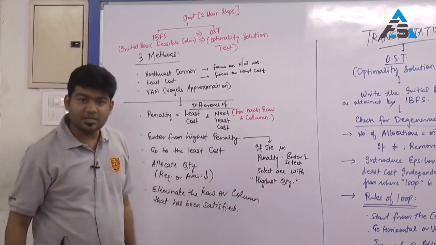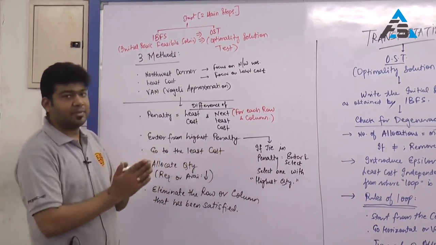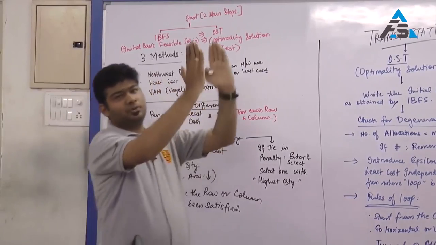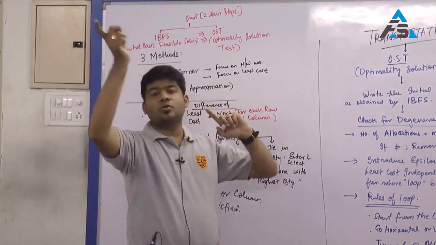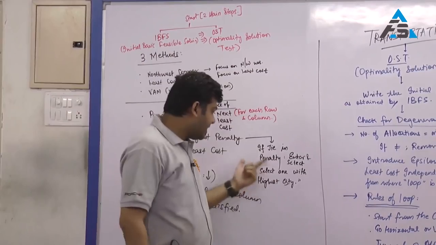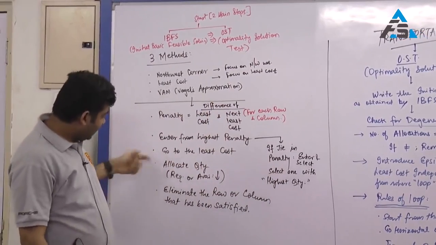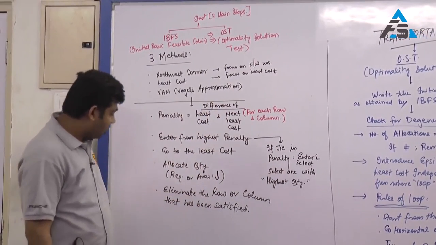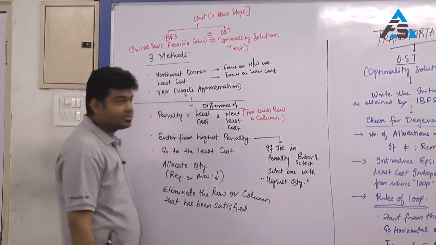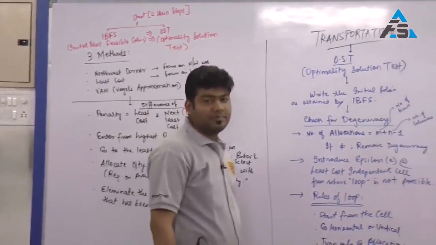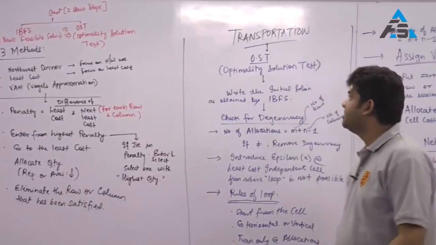The focus is highest quantity. So if there is a tie in penalty, suppose 2 and 2, enter from both of them, see where the highest quantity can be allocated, and select that penalty. Again, once that is done, eliminate the row or column that has been satisfied. This will complete your IBFS for Vogel's approximation method.